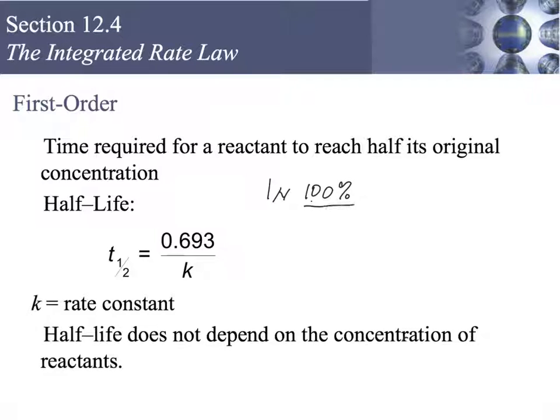After some time we have half as much left, so that's 50%, and that equals kt. So really what we're doing is ln of 2, and that's equal to kt. Ln of 2 is 0.693, which equals kt. Then if we rearrange the equation, we get the form over here, which is the most typical form.